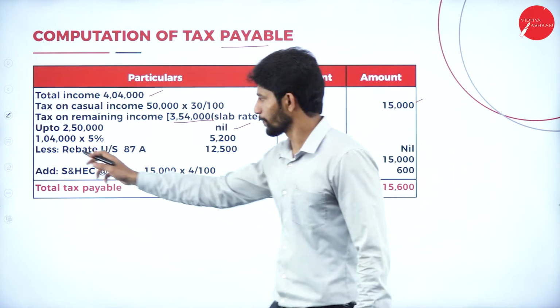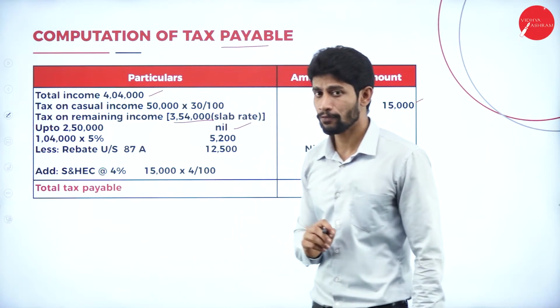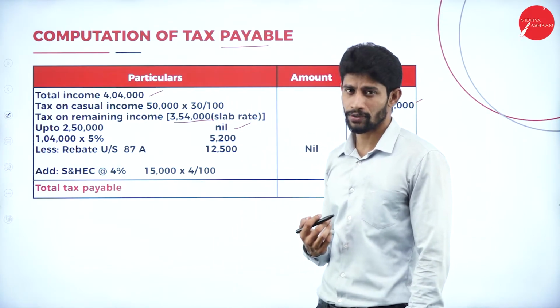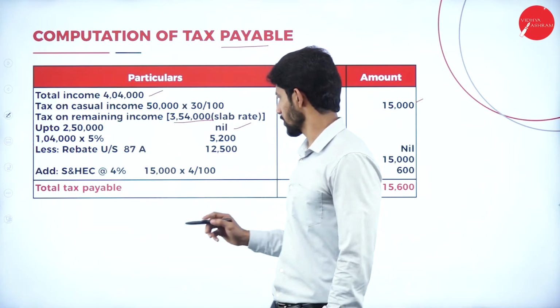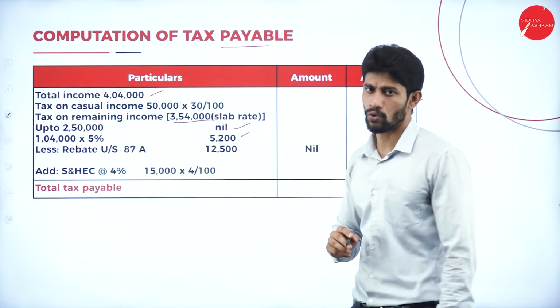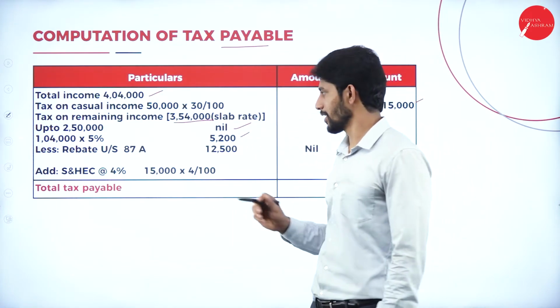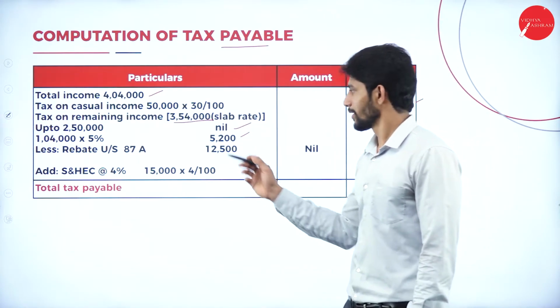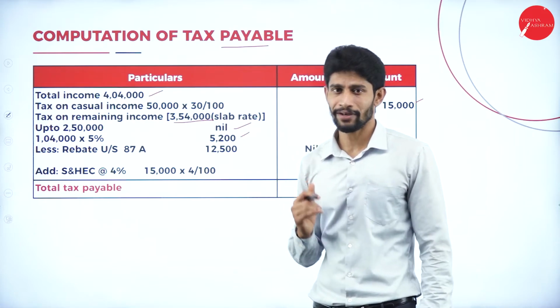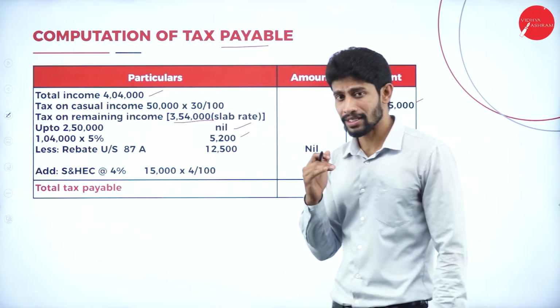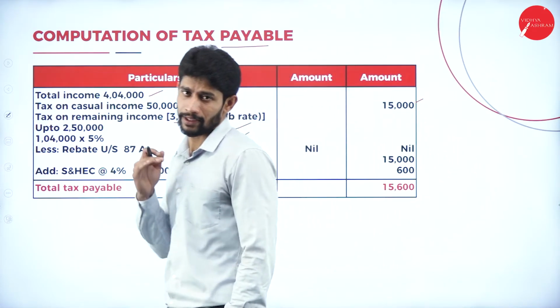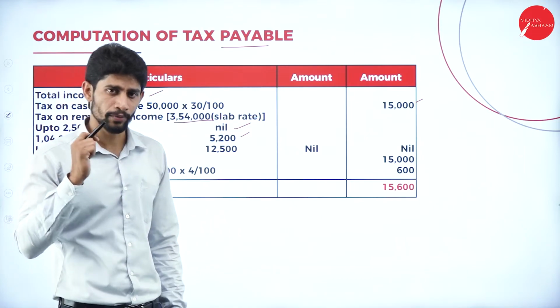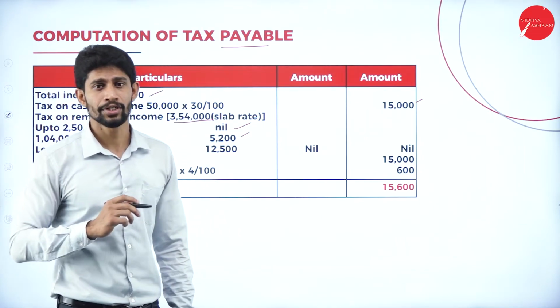The difference amount is 1,04,000. So on 1,04,000 apply 5%. You will get 5,200. And you have to keep in mind that the income is less than 5,00,000. When that income is less than 5,00,000, then you are supposed to give the rebate under section 87A.